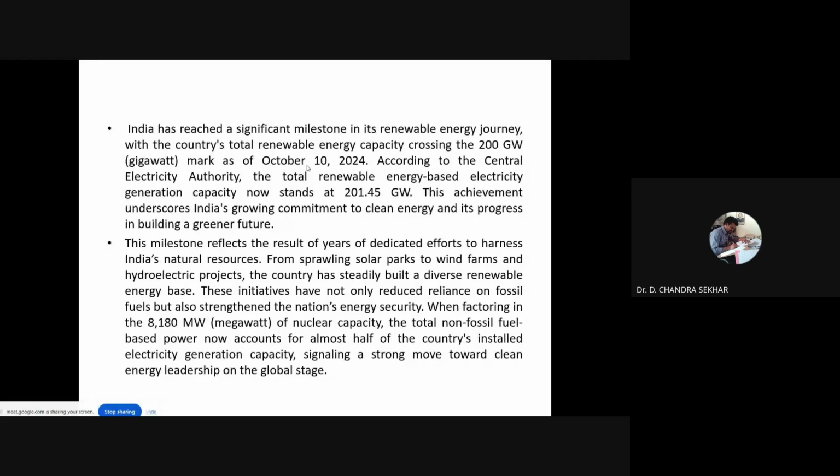And this milestone reflects the results of years of dedicated efforts to harness India's natural resources. The total non-fossil fuel based power now accounts for almost half of the country's installed electricity generation capacity. As we know, a few thermal power plants are not working and a few thermal plants are at shutdown stage.